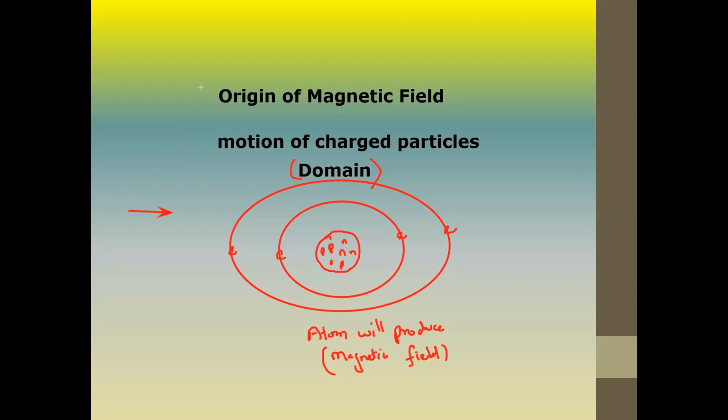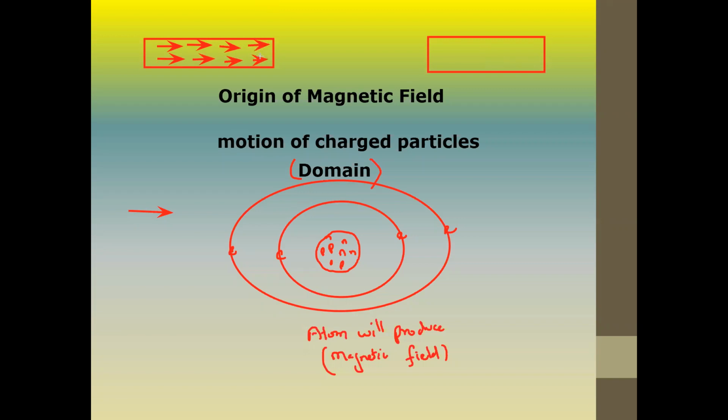But you have seen there are materials, some of which behave like a magnet and some of which do not behave like a magnet. So what is the reason why some materials behave like a magnet and some do not, even though all the materials consist of atoms? Because their domains, their atoms, their magnetic field is arranged or aligned.